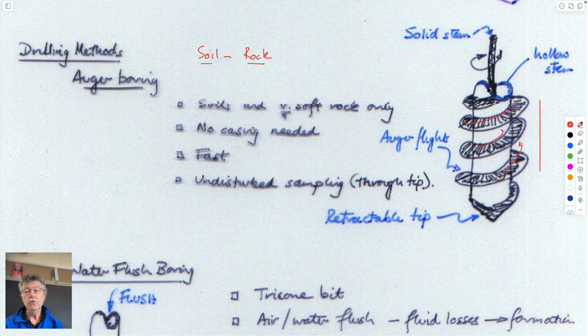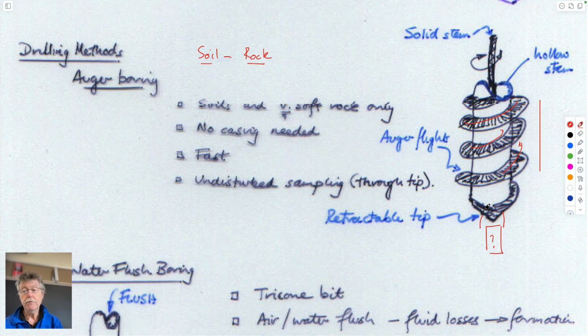The other option is to have a so-called hollow stem auger, and that would be a pipe with these flights on it, a central piece of drill steel in the middle, and a cutter head, and you screw it down into the ground, and then when you get to a particular depth that you want to see what's going on, you pull out this solid stem and the cutting head, and you can take samples below it up to the surface and see exactly what there is in the subsurface.